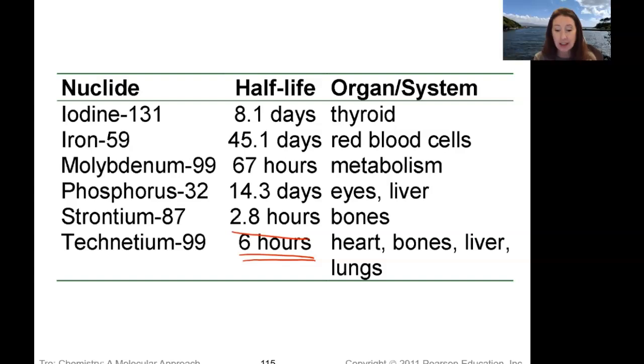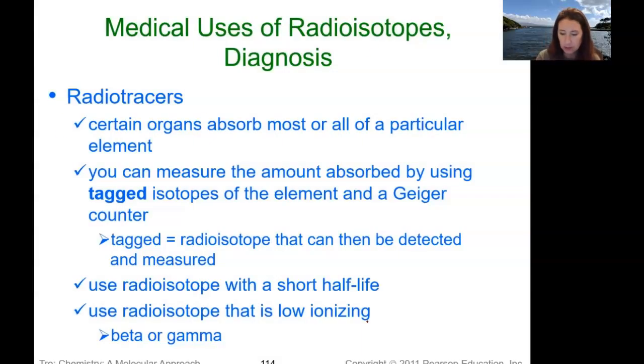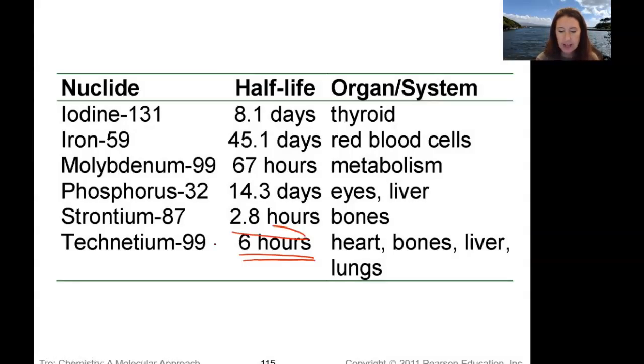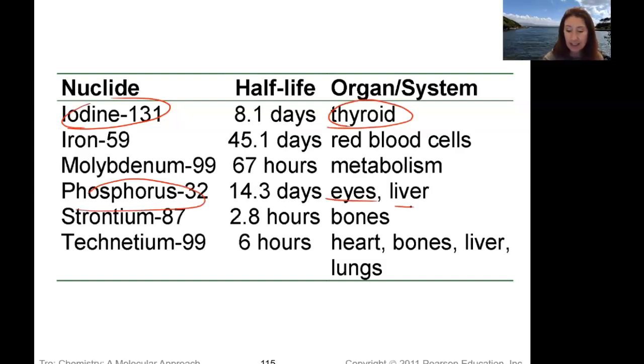You can't really send any technetium because in 6 hours it's gone, completely gone from the body. And again, here are the organs. They just tend to absorb, like this iodine really loves thyroids, right? Phosphorus loves the eyes and liver. Strontium, big fan of bones.